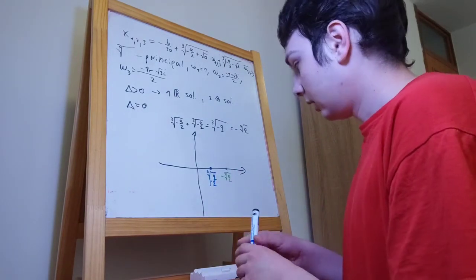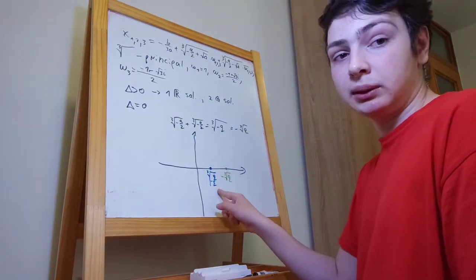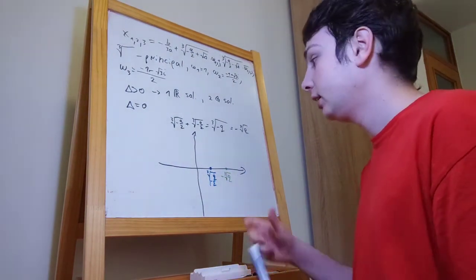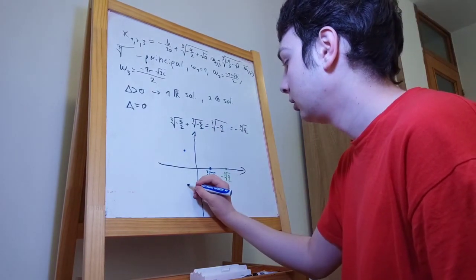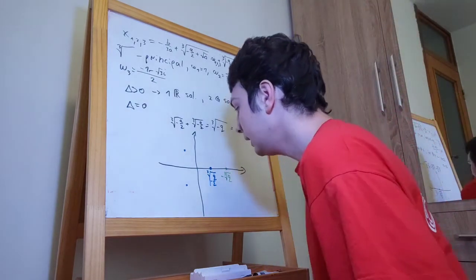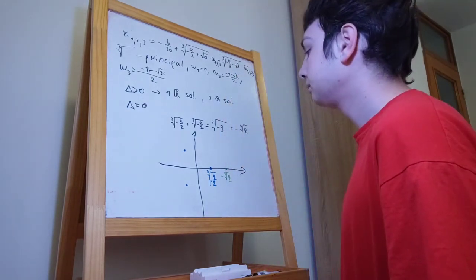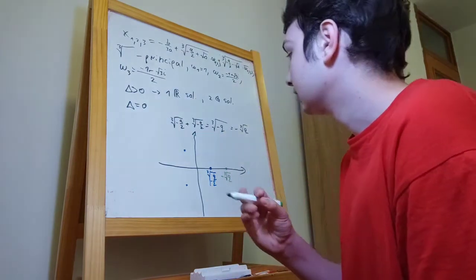Next, our second root. Notice we have a cube root, and there are three ways to take the cube root. They form an equilateral triangle with its origin in the center of the plane. And there are two more ways to add this.